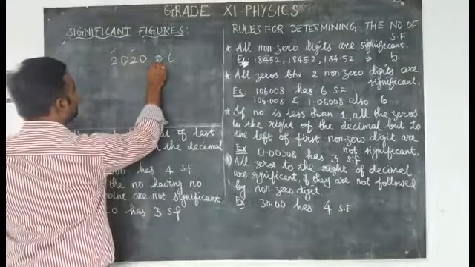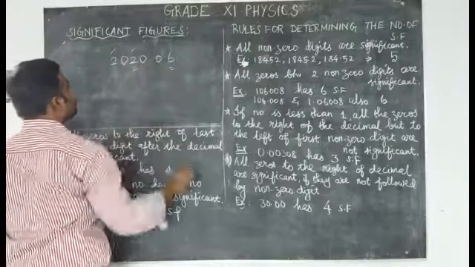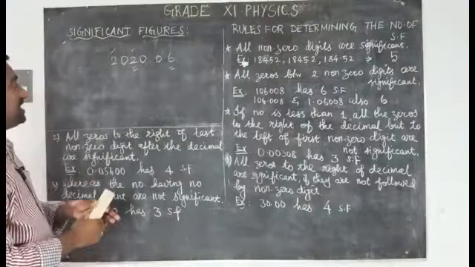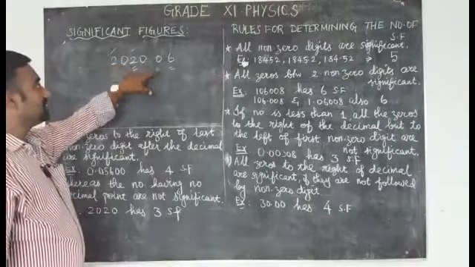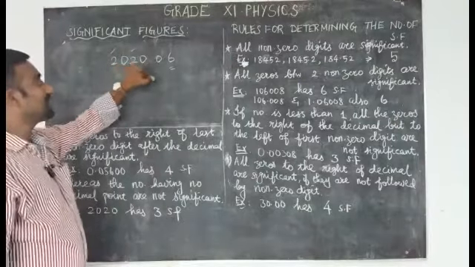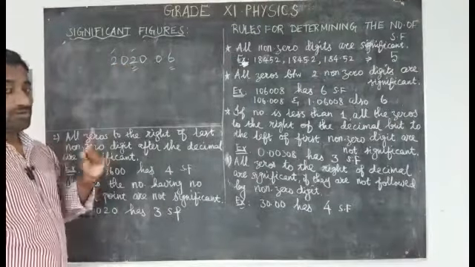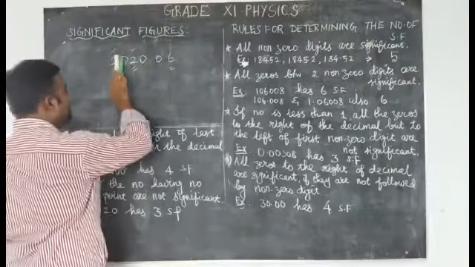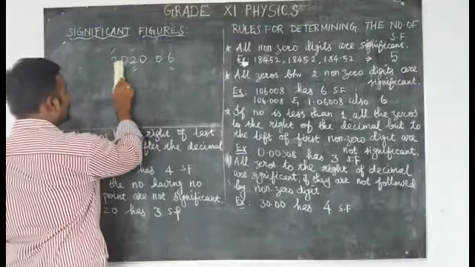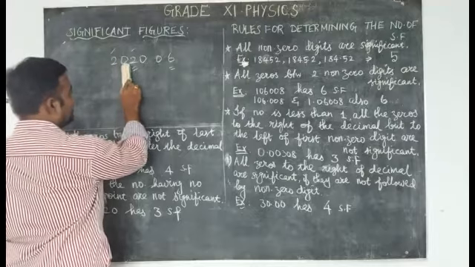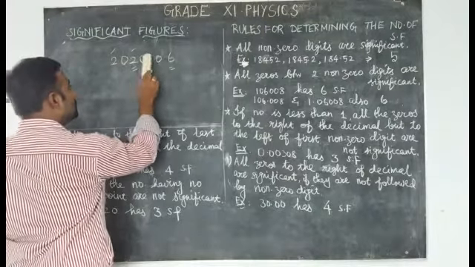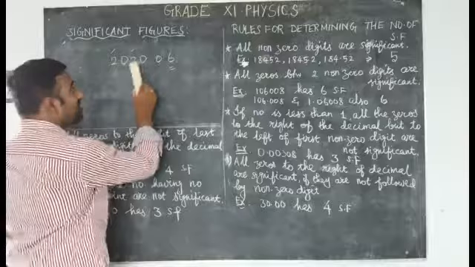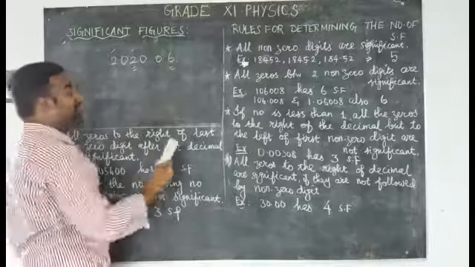Similarly, the other two zeros are also between two non-zero digits. So if a zero is placed between two non-zero digits, then such zeros are considered significant. Note the point. This one zero is between the numbers 2 and 2. Similarly, here two zeros are placed between 2 and 6. So are those zeros significant? Yes, confirmed significant.